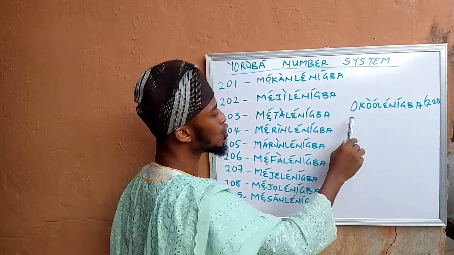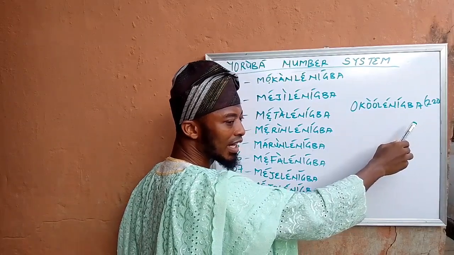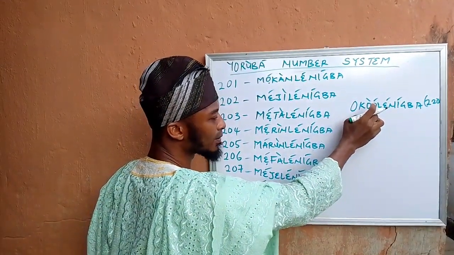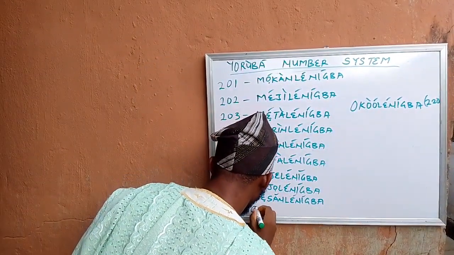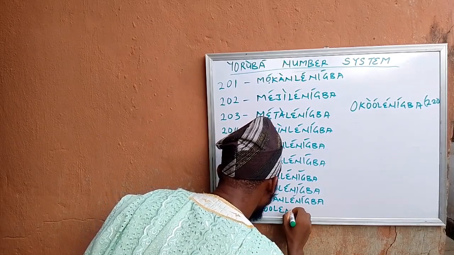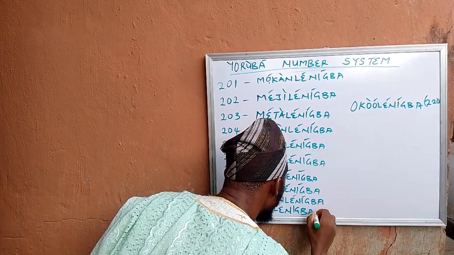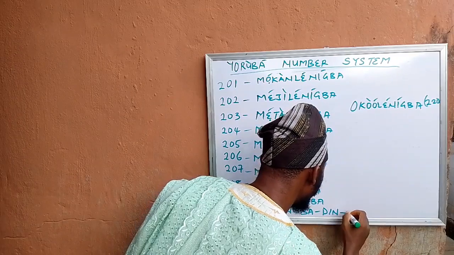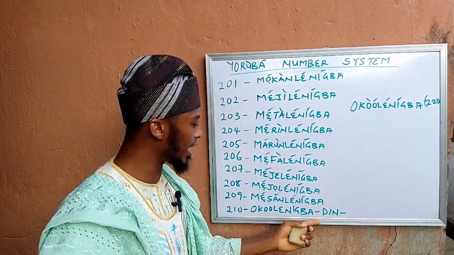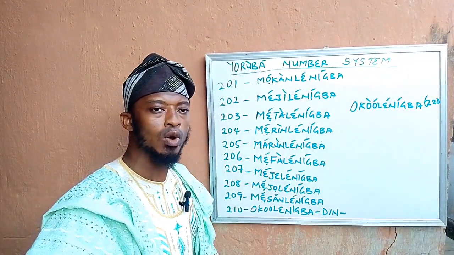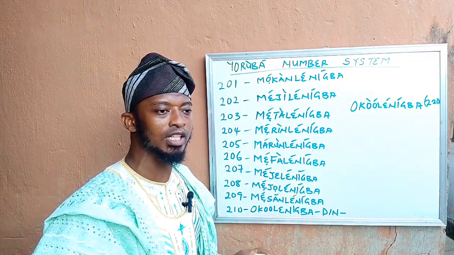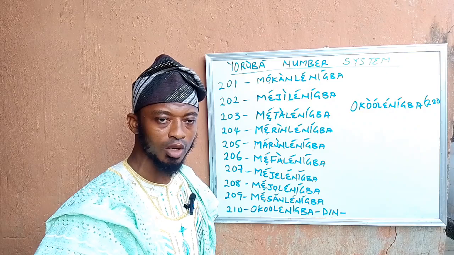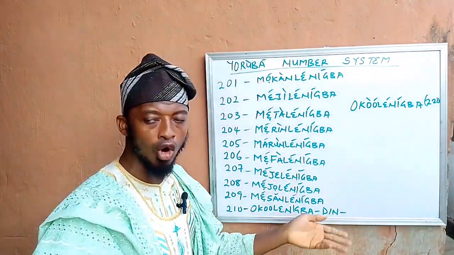So first we said 220 is okòólénígba. Automatically, 210 will start with okòólénígba. Now let me pause here and just explain something. I think that was in episode 4, when we looked at the numbers in 20s.